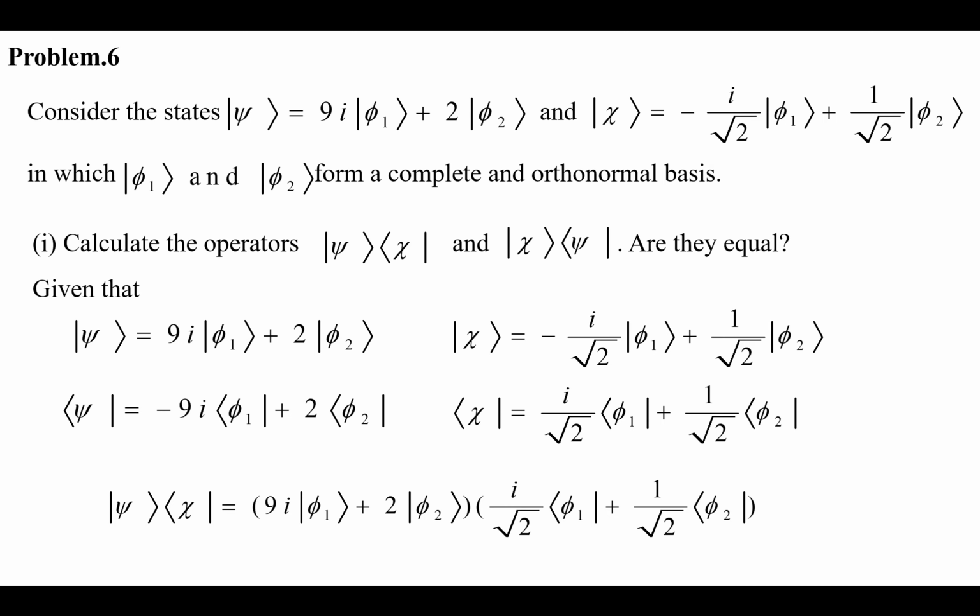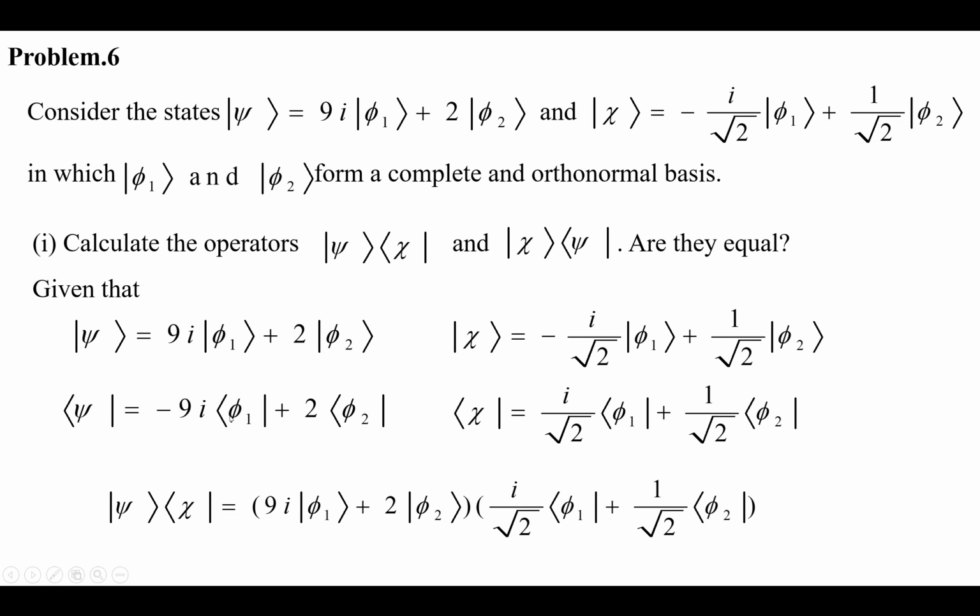Given that ket psi equals 9i phi 1 plus 2 phi 2, we can have bra psi immediately. Just take the complex conjugate of this. And of course when you are going to have the matrix, the earlier one should be a column matrix and the next one should be a row matrix. We know already. So now just take the complex conjugate.